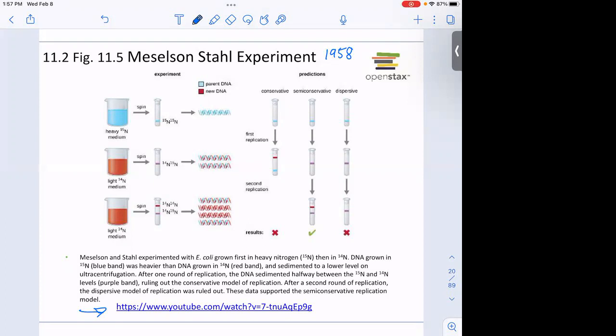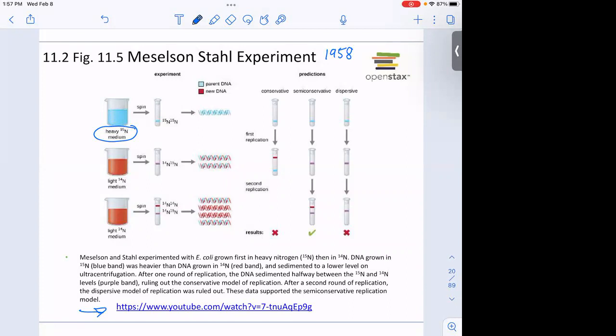So if we look at this experiment, what they did, they recognized that DNA is very rich in nitrogen. You have these nitrogenous rich bases. So they grew up some bacteria cells in a heavy isotope of nitrogen, nitrogen 15. Okay, so it has an extra neutron. It's not radioactive, it's just a little bit heavier.